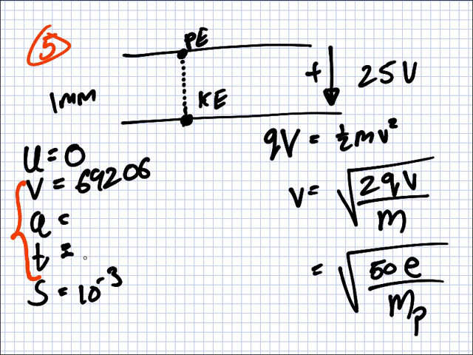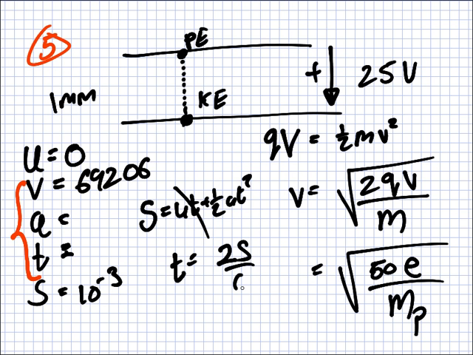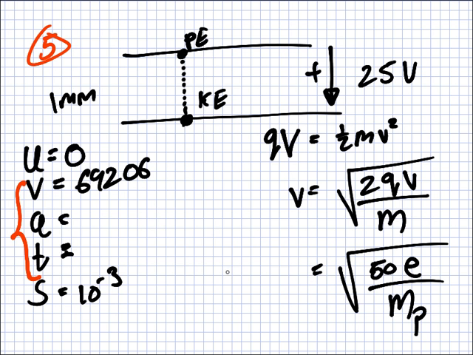So what's the easiest way to get the T here? S equals? Yeah, S equals UT plus a half AT squared because the U is 0. So the T would be 2S over, oh no, we don't know the A, that's not going to work. So what formula do I have left?